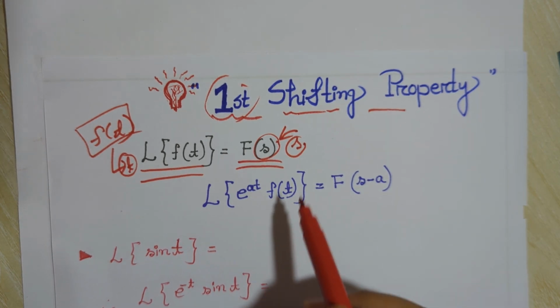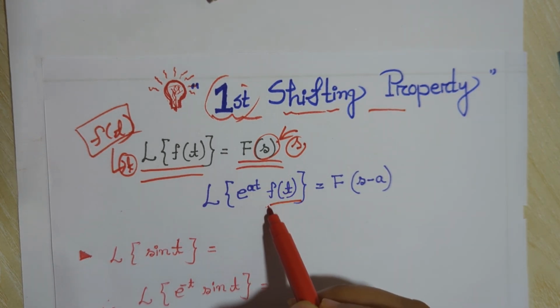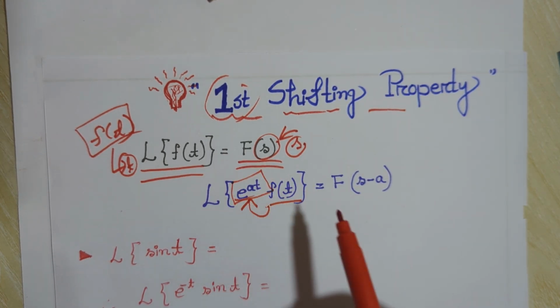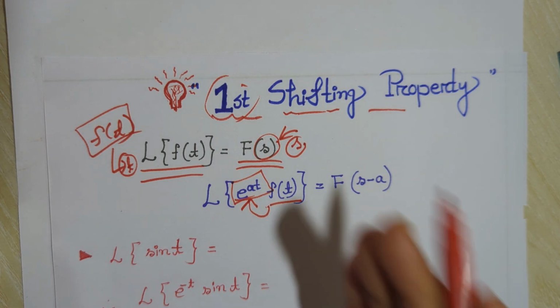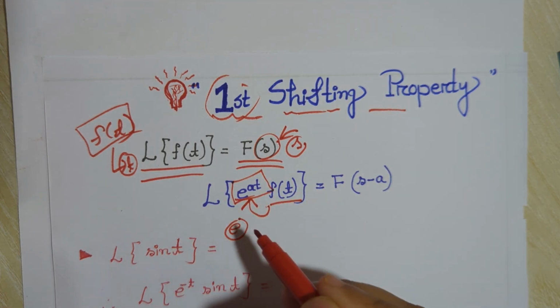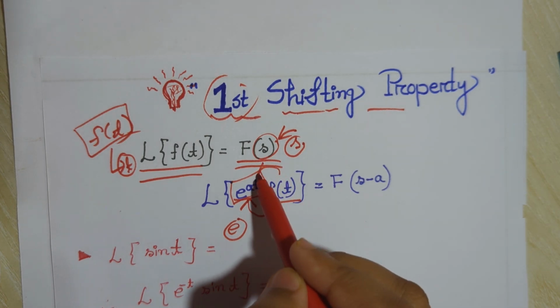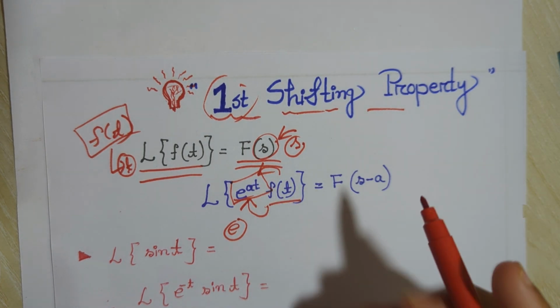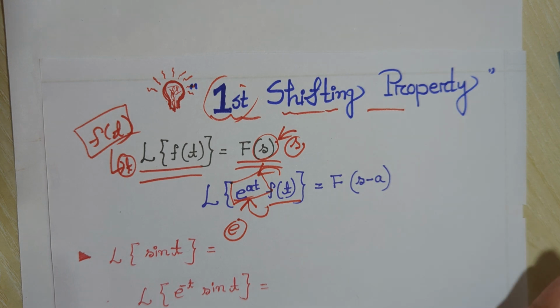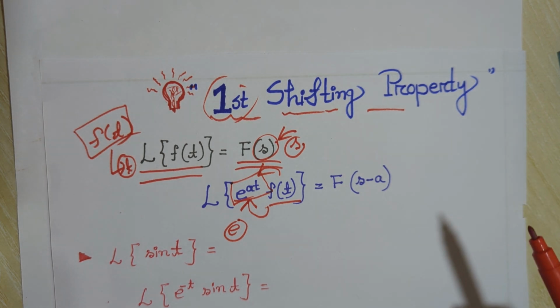And suppose this function is multiplied with an exponential function. It can be any function, but it must be an exponential function. If our function is multiplied with this exponential function, then we will use the first shifting property. What does this first shifting property say?